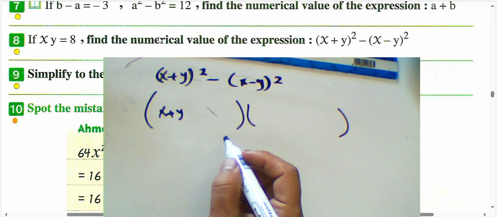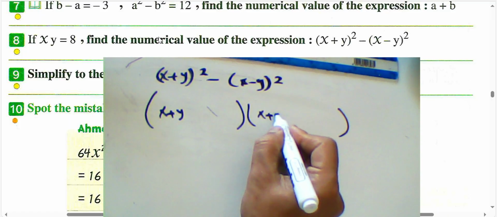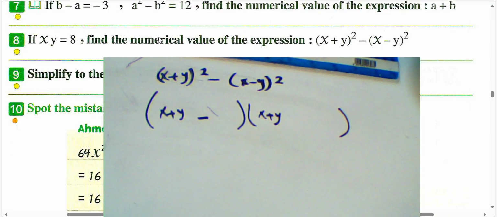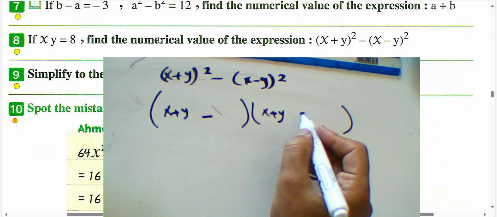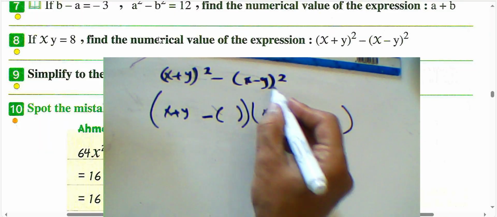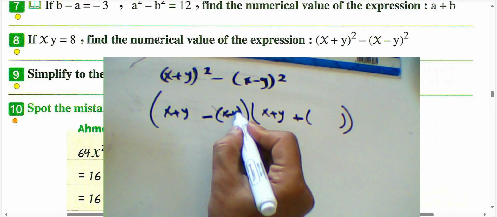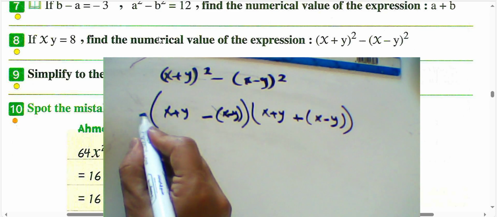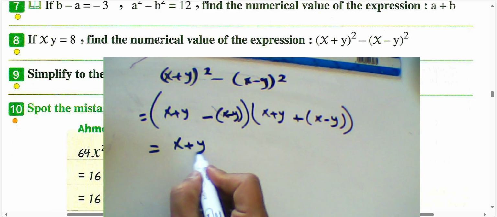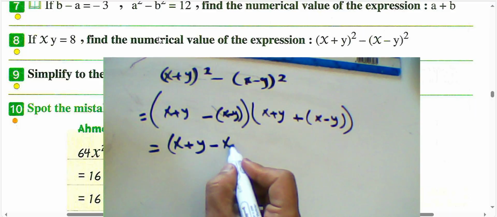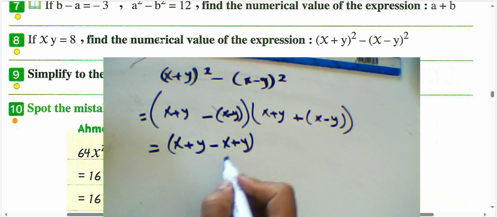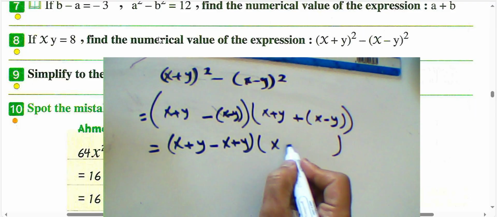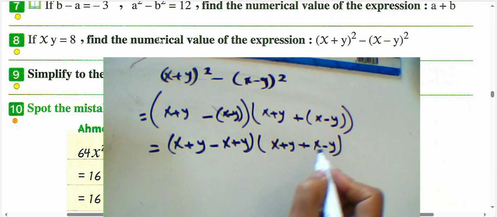Okay, x plus y times x plus y, right, negative and positive, and this expression x minus y, and here x minus y. We can write x plus y subtract by negative times positive, negative, negative times negative, positive, and here x plus y plus x minus y.